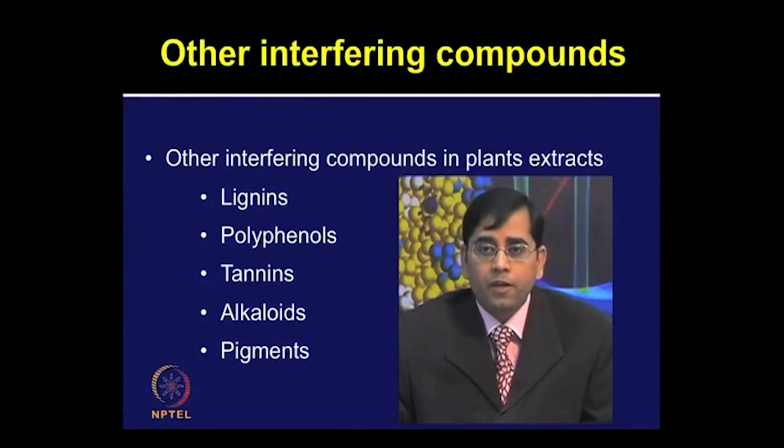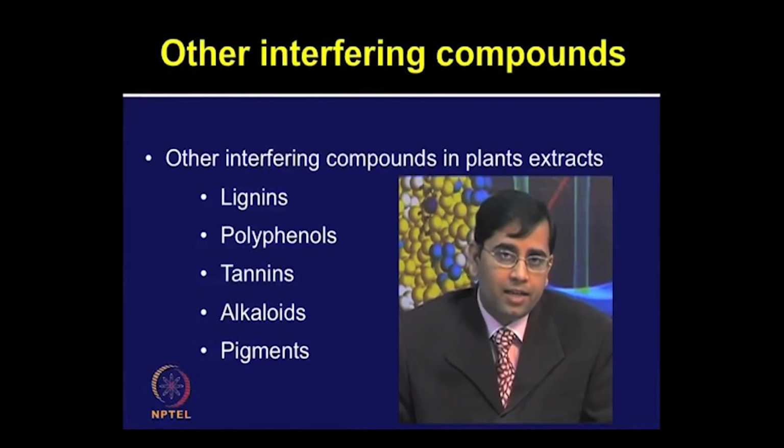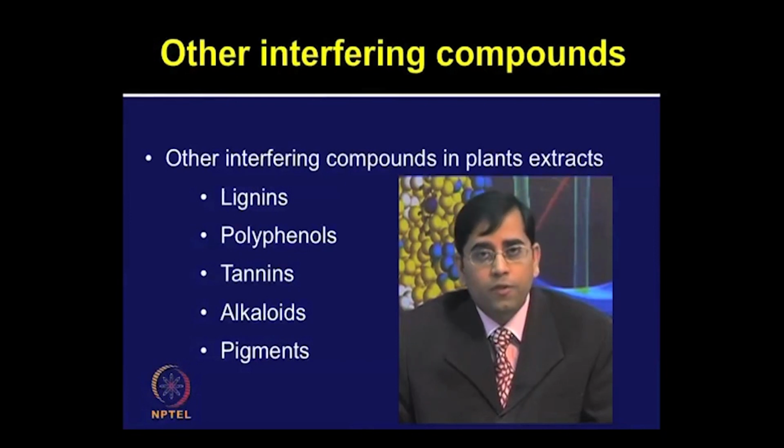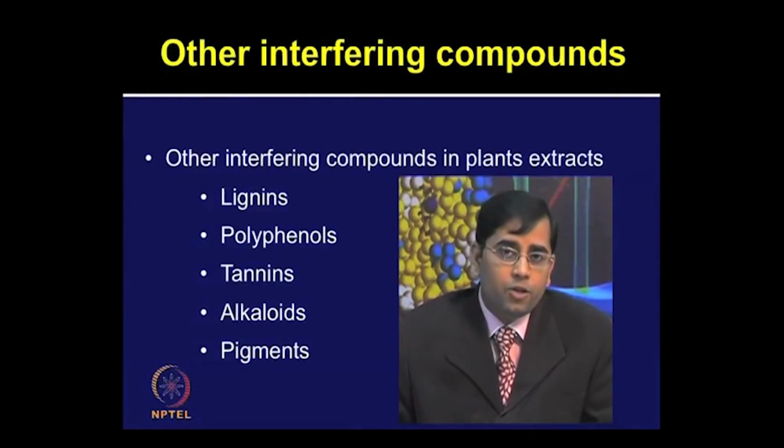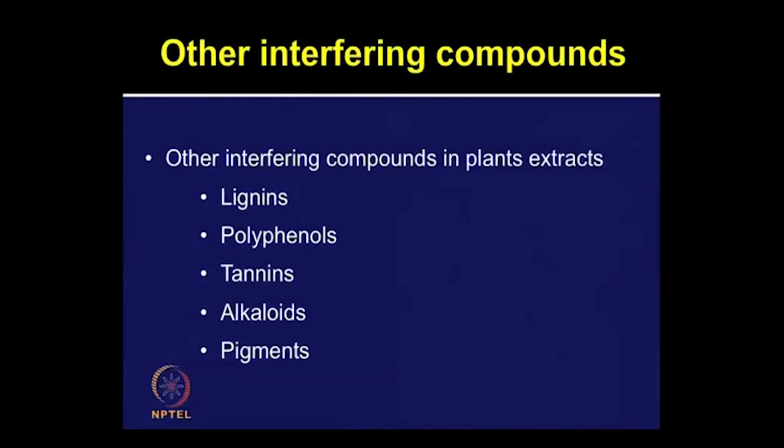There are a few interfering compounds which are also present in plant extracts, such as lignins, polyphenols, tannins, alkaloids, and pigments. I will talk about some of these in more detail in the next class, in the case study on how to perform plant proteome analysis.